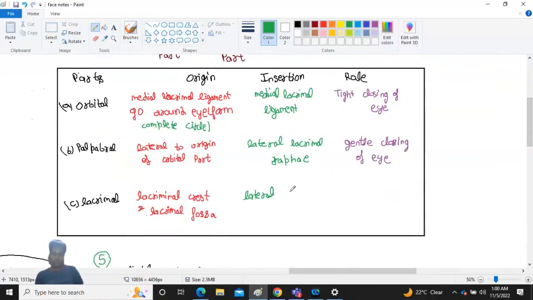Lateral lacrimal raphe, and the role is delicate. Lacrimal sac is basically for tears. Done. So these are the three parts of this muscle.